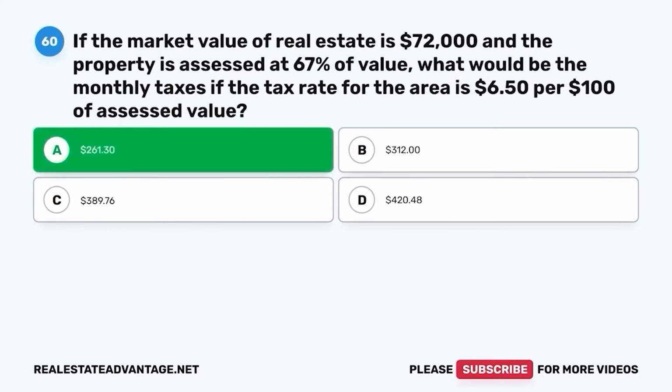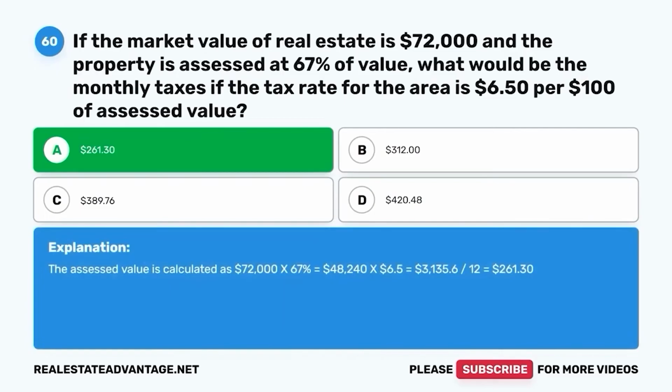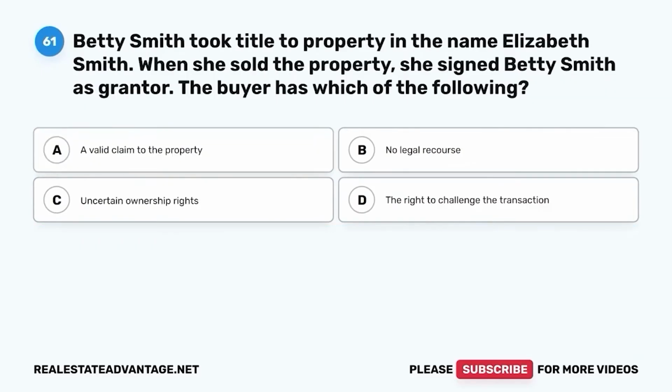The correct answer is A. $261.30. The assessed value is calculated as $72,000 times 67% equals $48,240. $482.40 times $6.5 equals $3,135.60 divided by 12 equals $261.30.